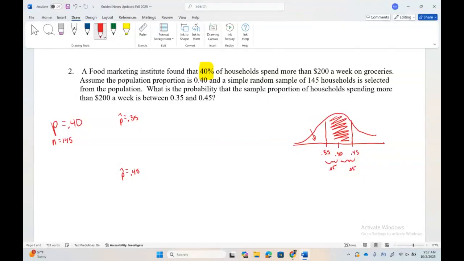So if I find the area to the left of 0.35, the area to the right of 0.45 will be the same. So let's check that out. I have 0.35 minus 0.40 over the square root of 0.40 times 1 minus 0.40, divided by 145. I'm getting z equals negative 1.23.